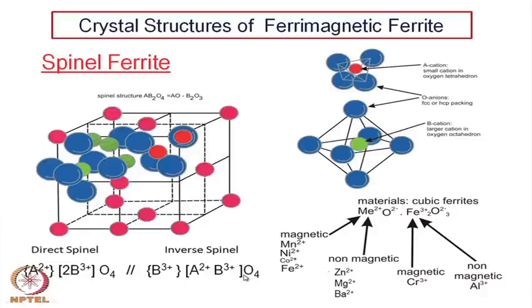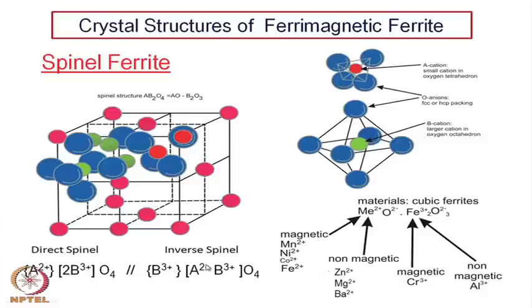In inverse spinel, it changes. Out of the two B3+ cations, one goes to the tetrahedral site and another remains in the octahedral site, whereas all the A cations or 2+ cations come to the octahedral site.